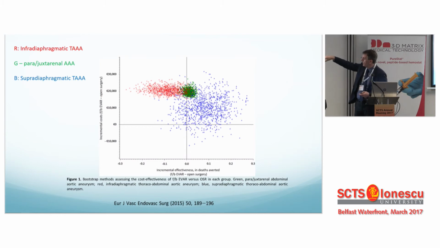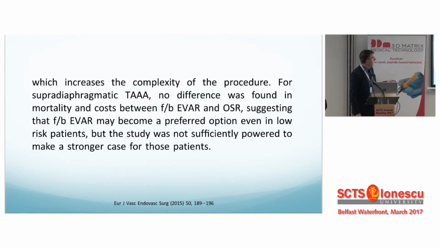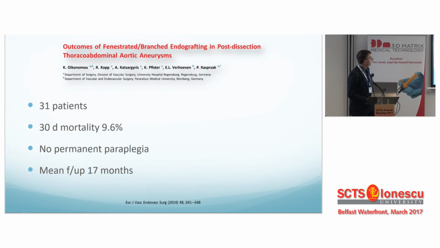The scattered blue dots of the supradiaphragmatic TAAA show no significant difference in effectiveness or cost, which led them to conclude that for supradiaphragmatic TAAA, fenestrated or branch may become a preferred option, but soft data, soft conclusions.